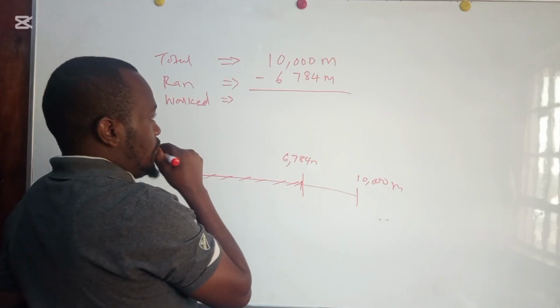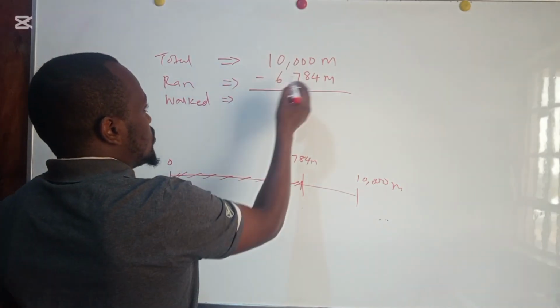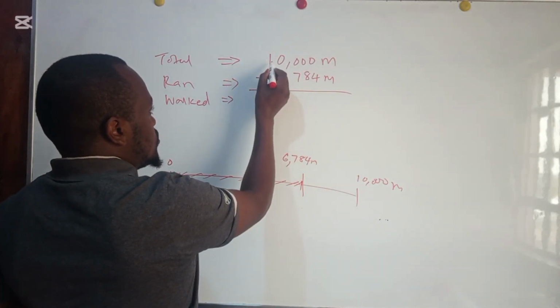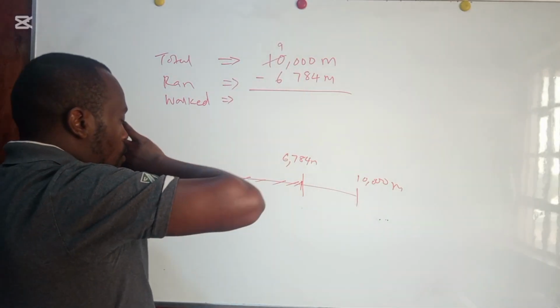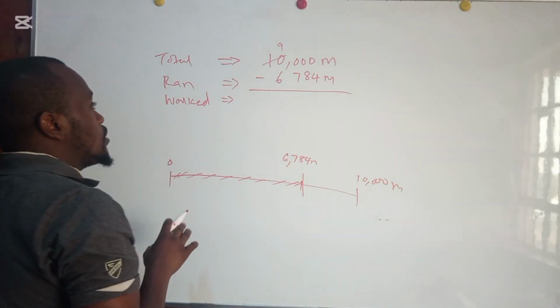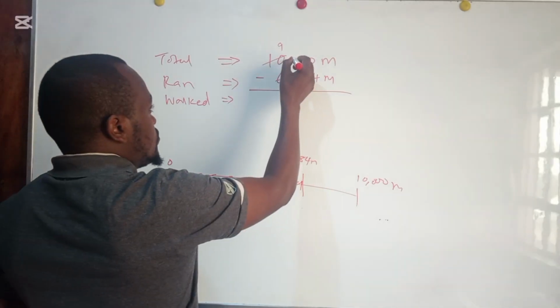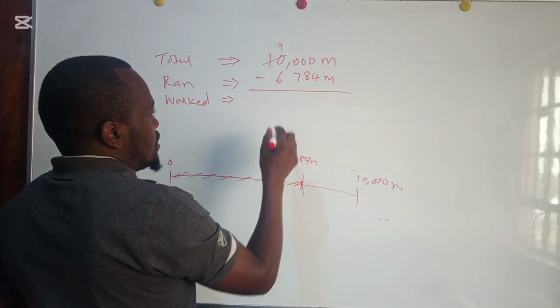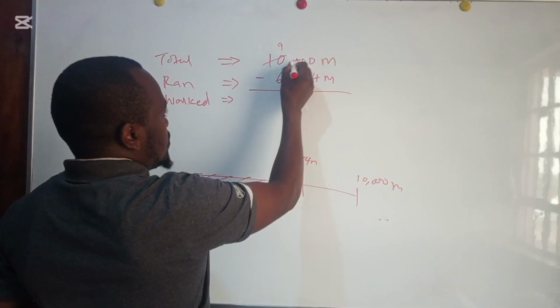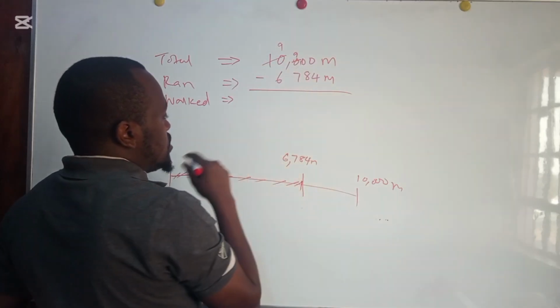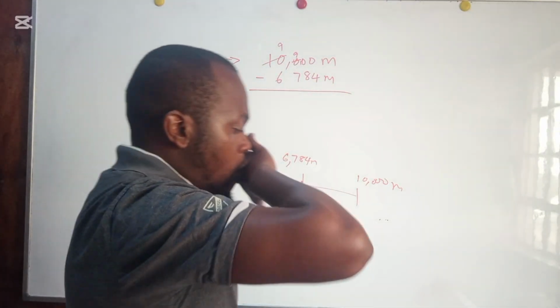Subtract 4, impossible, so you borrow. You continue borrowing up to you get this point. 10, you borrow 1, it remains 9. When it is here, 10, borrow 1 again, remain 9.